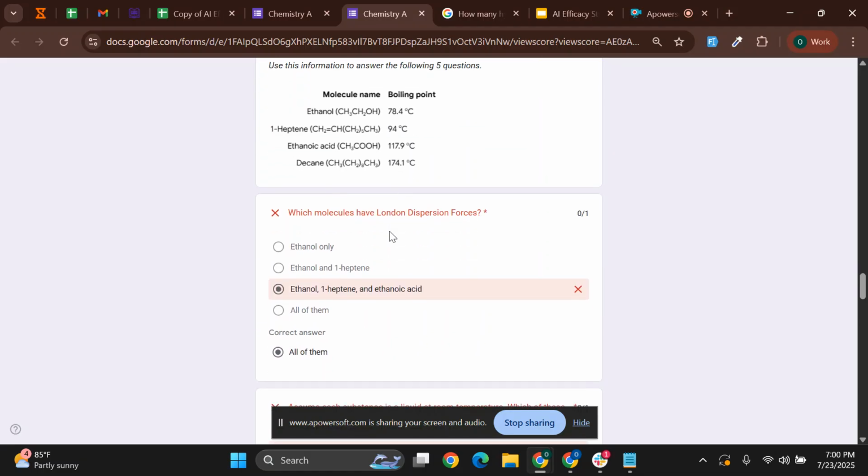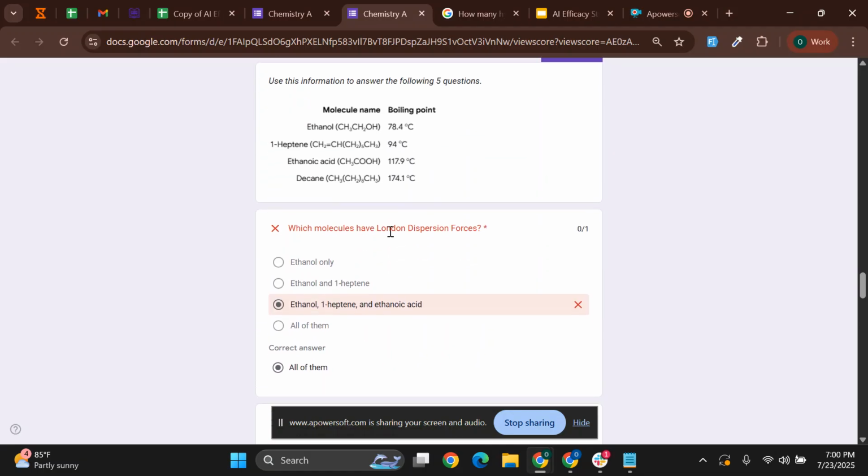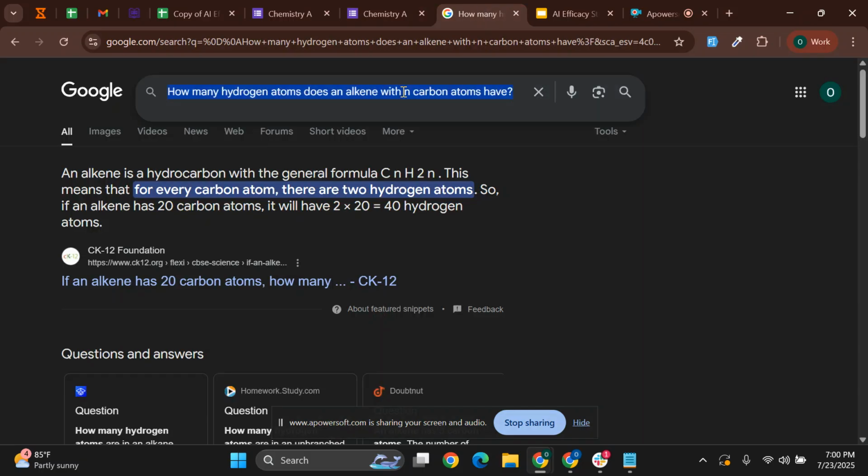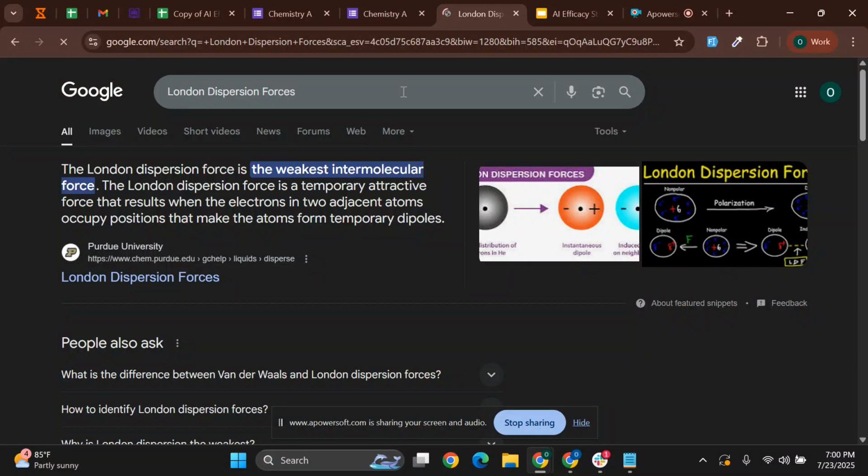Now let's get to this point. Which molecule have London dispersion forces? First, what is London dispersion force? The London dispersion force is the weakest intermolecular force.